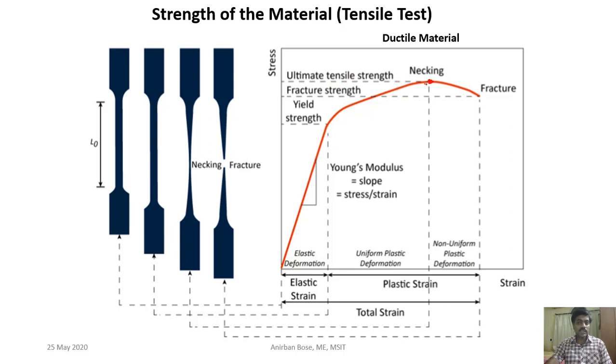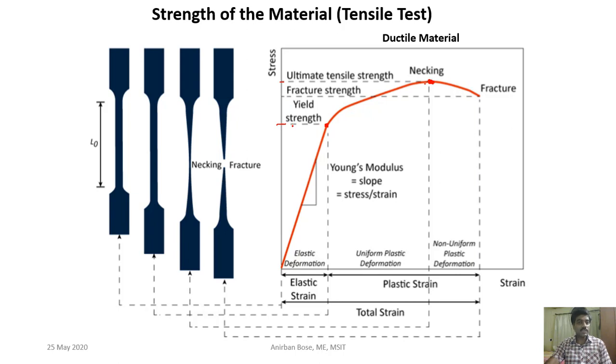Tensile strength is again a very important point, specifically for materials that do not have a specific yield point, or for brittle materials, where the maximum stress in the stress strain diagram is called the tensile strength of the material. These stress values, corresponding to the ultimate point or to the yield point, have significance in design, and that is why these specific stress values are called the strength of the material.